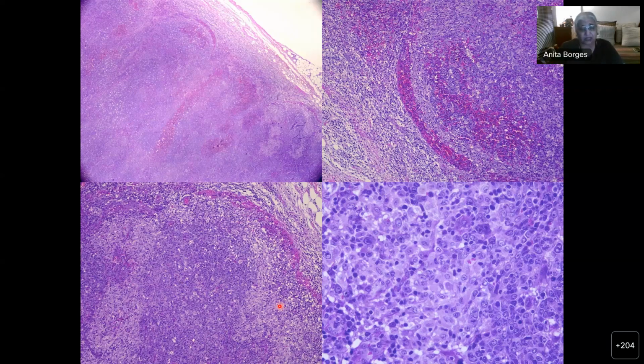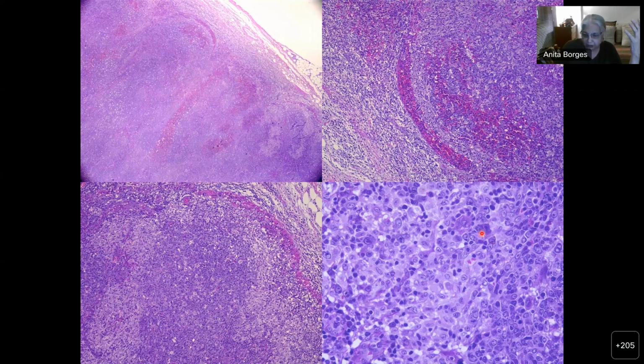They have not settled down to become proper follicles with a mantle and a germinal center. And then, of course, you see these very large cells with nucleoli. You can see them all over here. They are clustered in some parts, and you see what look like histiocytes. They could actually be dendritic type cells, which are in the interfollicular space.